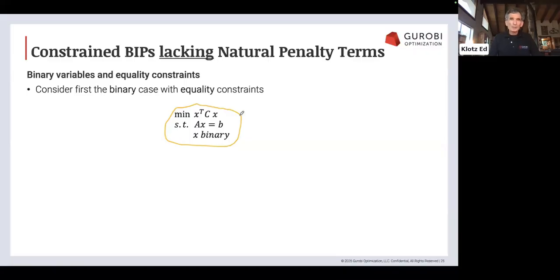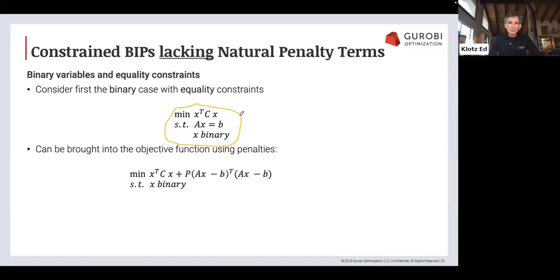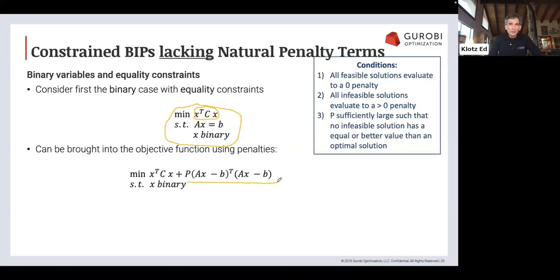So here's the problem of interest: equality constraints, all binary variables, quadratic expression that could be transformed from a linear expression. And we again penalize the difference of squares and remove the constraints. We have these 3 conditions here.